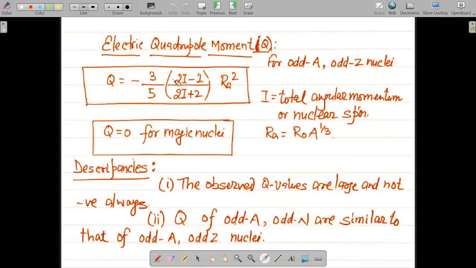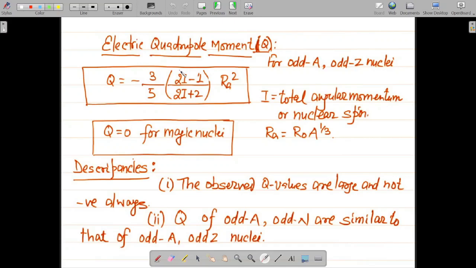While deriving the expression, odd A and odd Z is the assumption, but experimentally it has been found that whatever expression holds for odd A, odd Z, the same expression will hold for odd A, odd N nuclei also, and the value of electric quadrupole moment for odd A, odd Z, or odd A, odd N is given like this. This is the thing which you must remember.